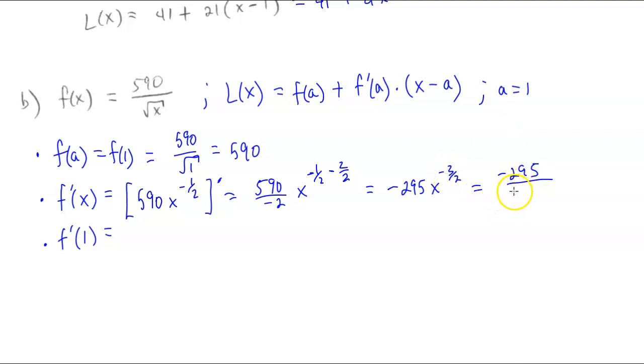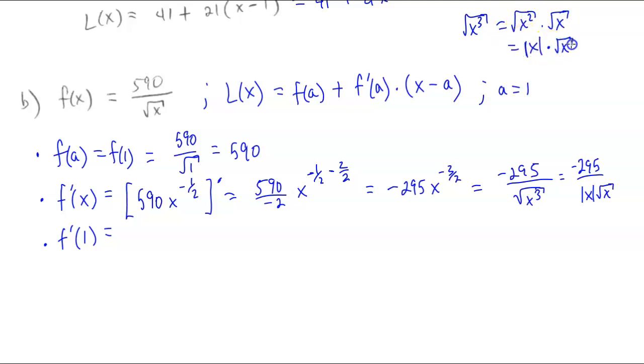So this would be the square root of x cubed, which is actually going to be the absolute value of x times the square root of x. That comes from the fact that this is just the square root of x squared times the square root of x. And by definition, the square root of x squared here is the absolute value of x.